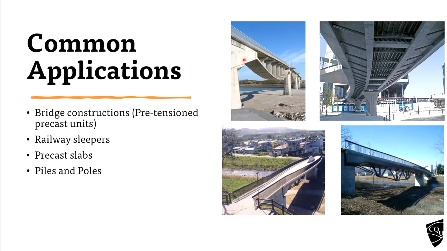In USA they use bent, B-E-N-T, bent caps, or in Australia they use headstock. So that is sitting on top of the column, and that spreads the load. So this part is called bent caps or headstock. So they use pre-stressing things.